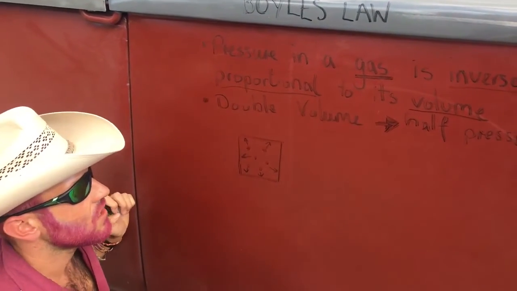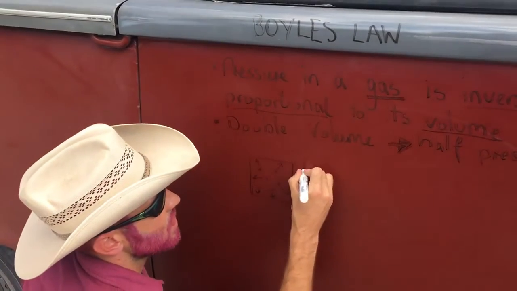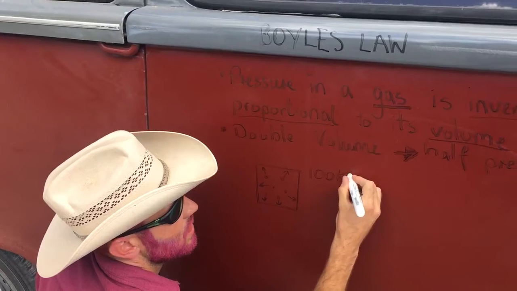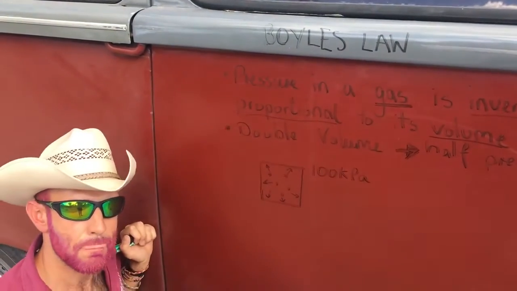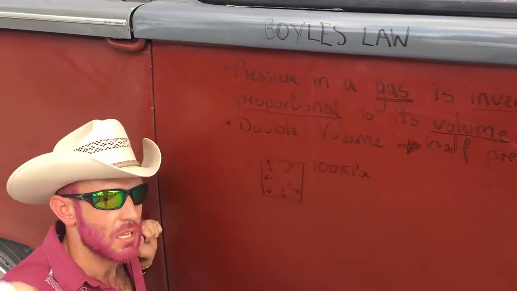Now, let's just say that that's roughly about atmospheric pressure, which is 100 kilopascals. That's the pressure in the box that was the same as outside.